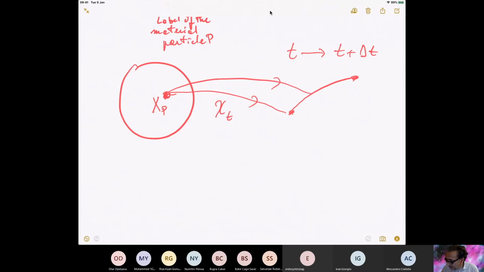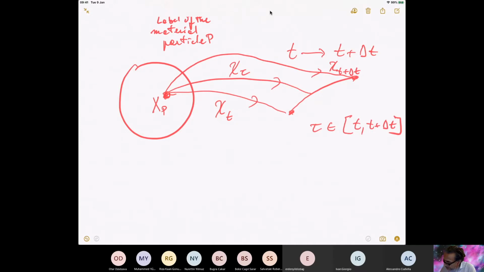Then you have key at instant tau, and then finally key of t plus delta t. Tau belongs to the time interval t plus delta t. Okay, and you have the trajectory. This is the trajectory of capital XP or P, if you confuse the label with the material particle.